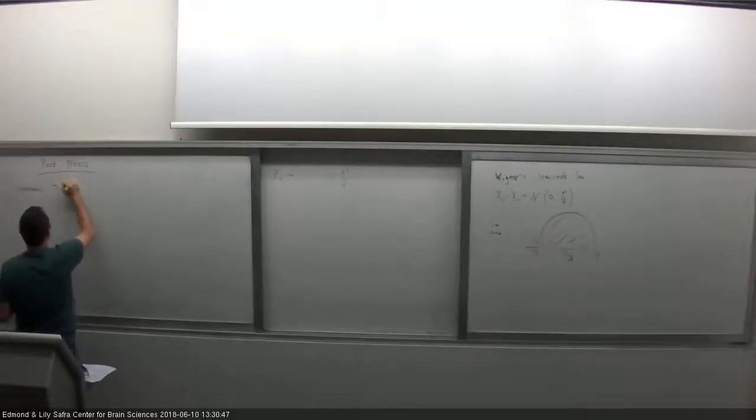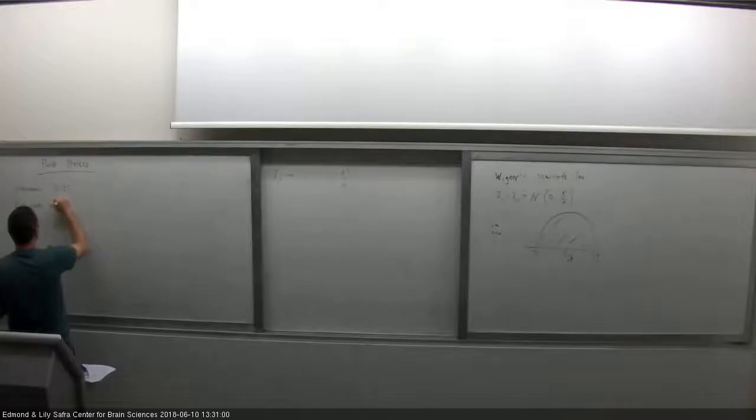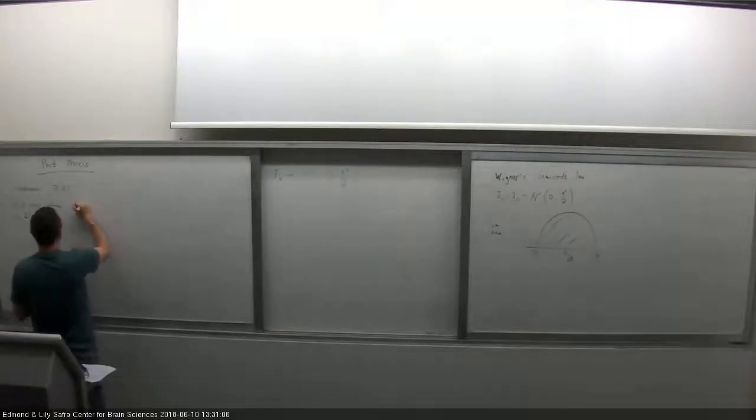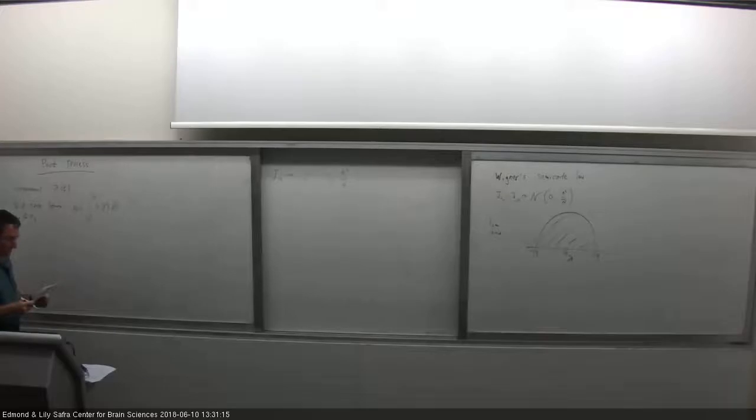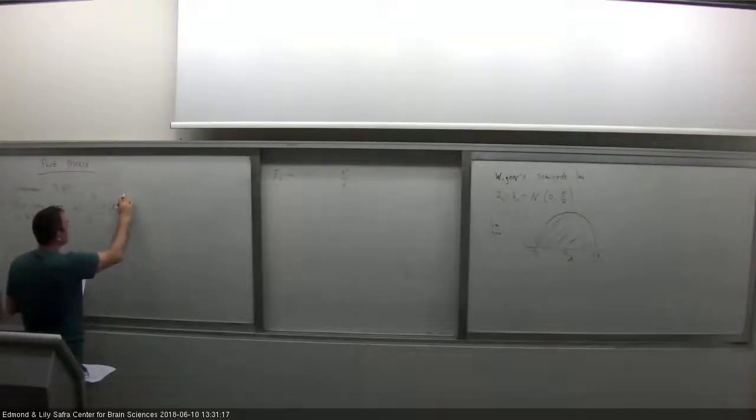by lambda of t. Lambda of t will be the rate of events, such that the number of events between t1 and t2 will be an integral from t1 to t2 of lambda t dt.